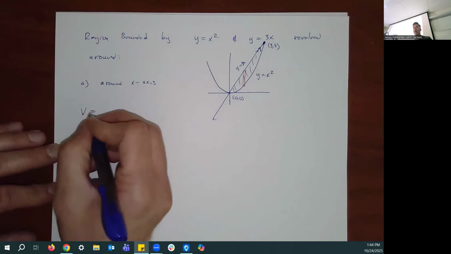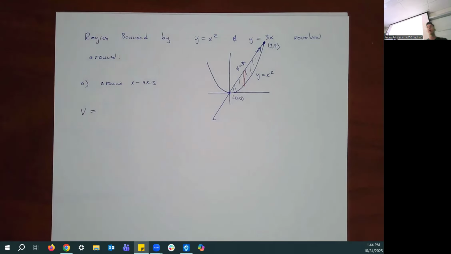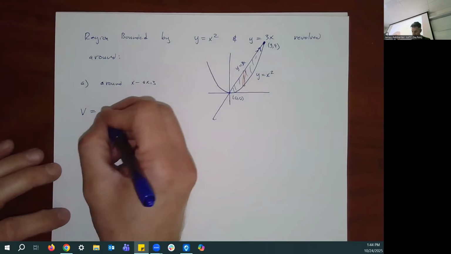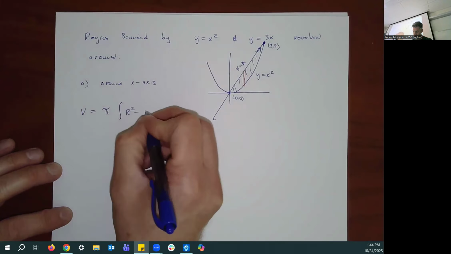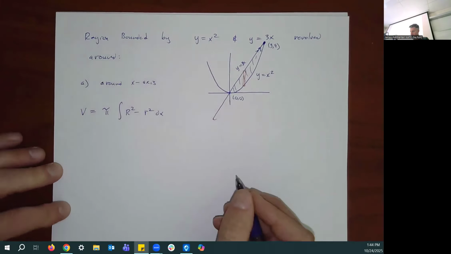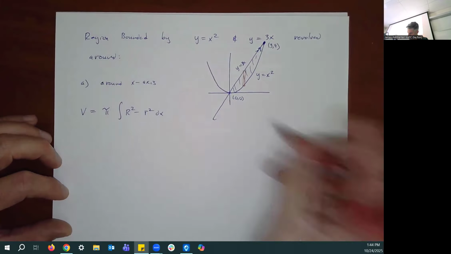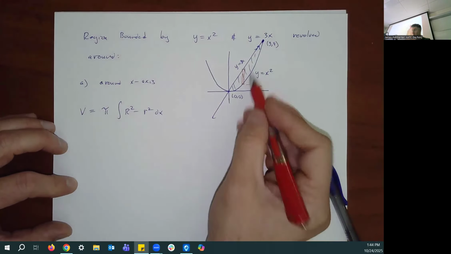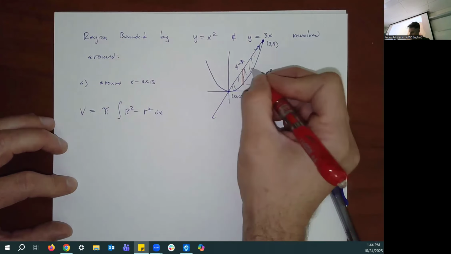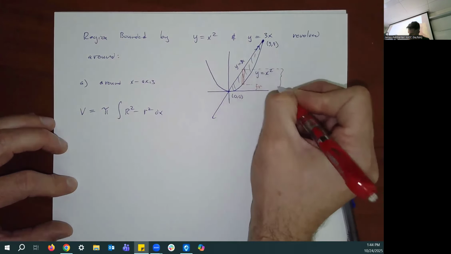Here's the way I would encourage you to remember it. It's always the area of the big circle minus the area of the little circle. So it's pi times the big radius squared minus pi times the little radius squared, or pi times the integral of the big radius squared minus the little radius squared. The little radius is the function closer to the axis of rotation, and the bigger radius is the function further away.